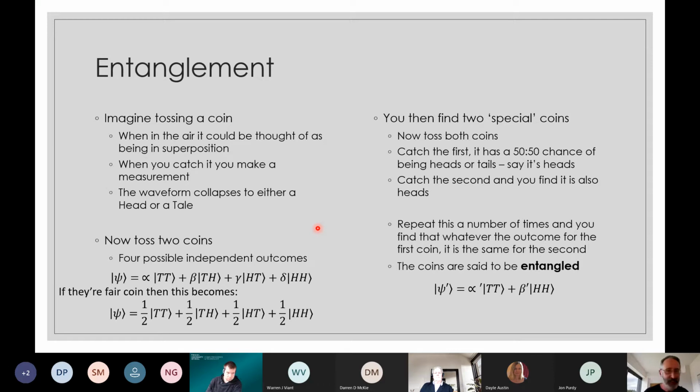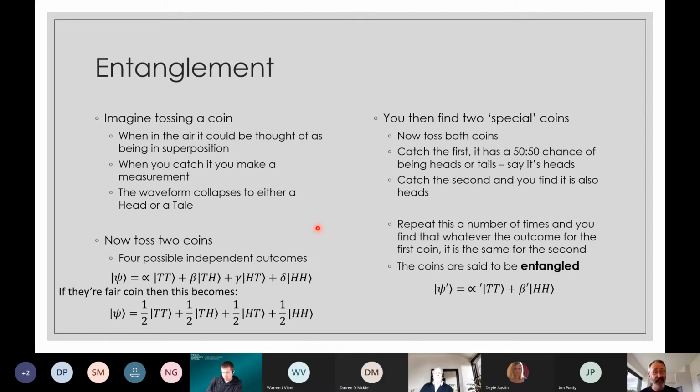That's entanglement. It's a very strange and, as Einstein said, spooky type of behavior. It actually turns out it doesn't break the rules of the speed of light, because no information has been exchanged between those qubits. But the key thing to realize is that when you look at the first coin, it's not predetermined what the outcome will be.